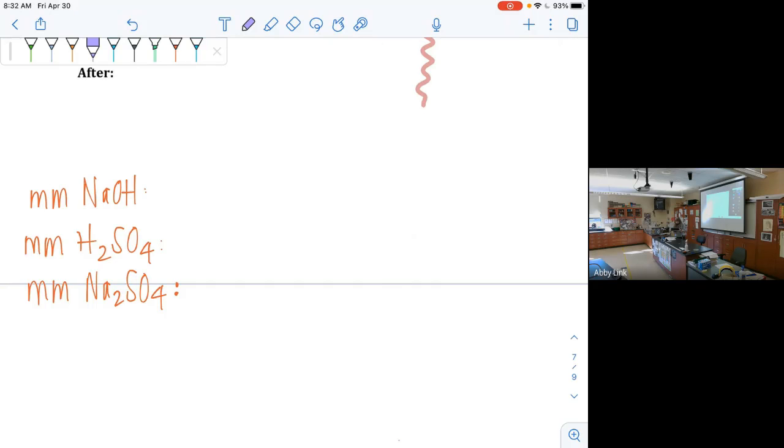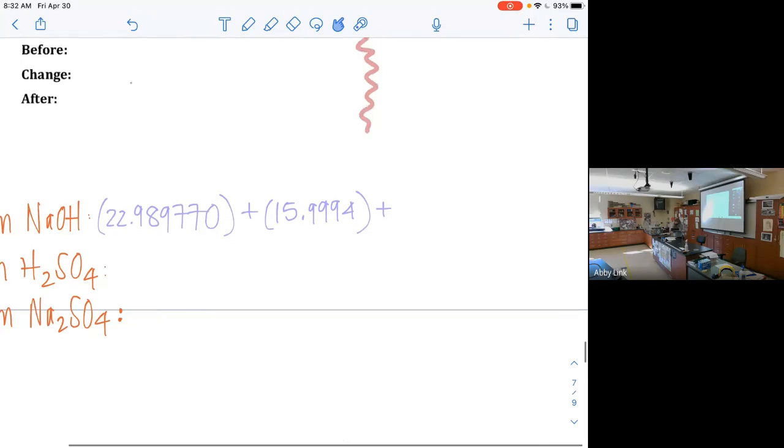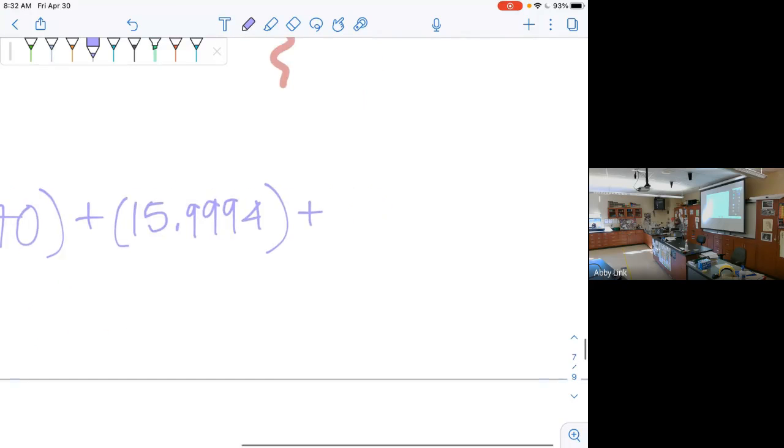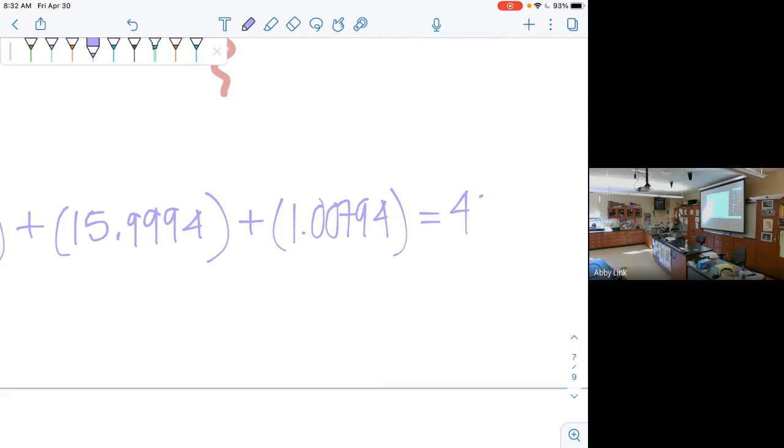All right, so let's calculate here. 22.989770 is sodium's mass, plus oxygen is 15.9994, plus hydrogen, 1.00794. All right, and I get a total molar mass of 40.00 grams per mole.